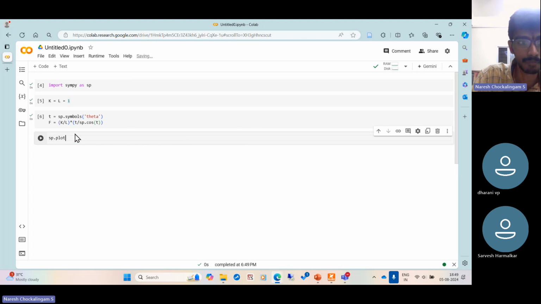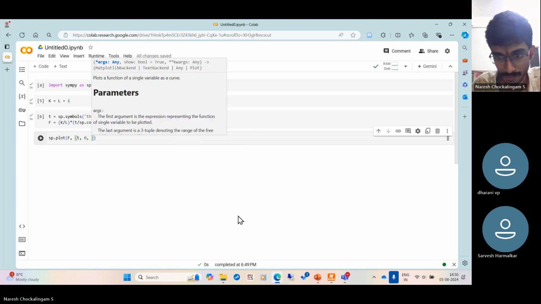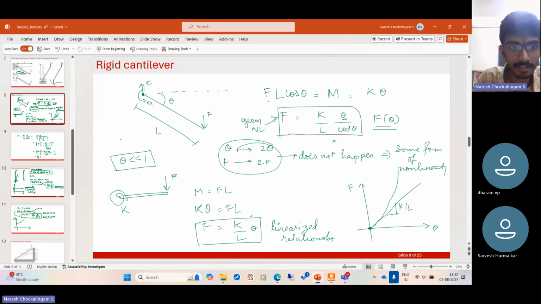So use sp plot. The y-axis is f, and in the x-axis you want to plot theta. In which range do you want to plot it?